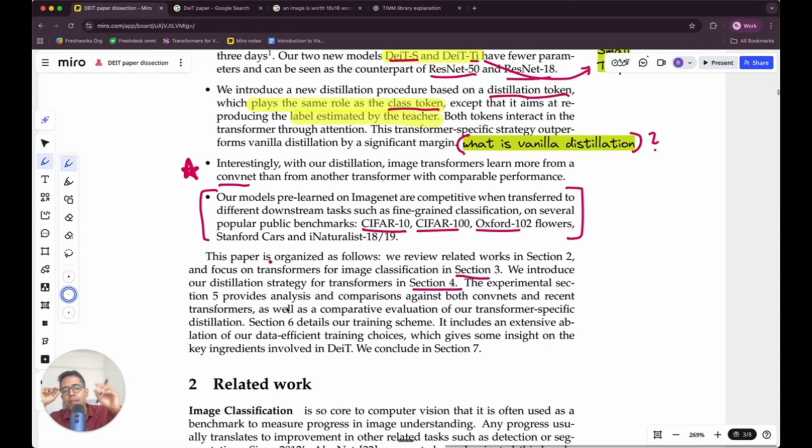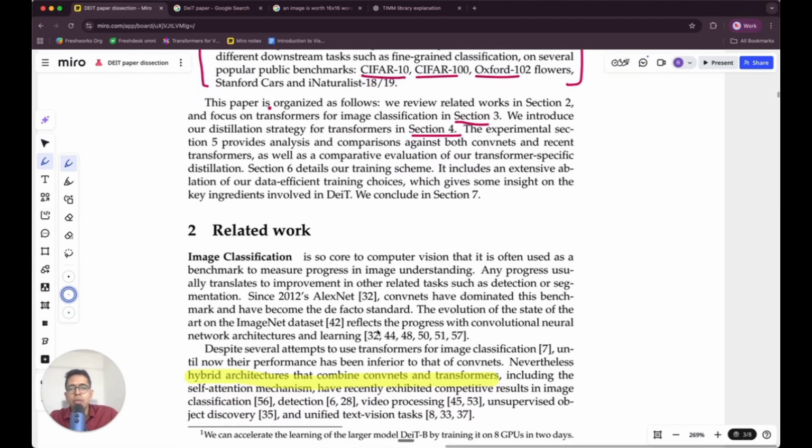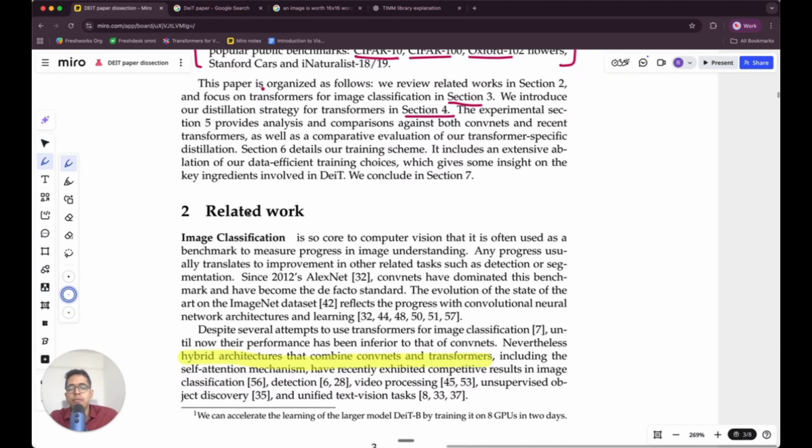Basically, they will compare how much of an advantage they are getting because of their distillation token based approach. It includes an extensive ablation of our data efficient training choices, which gives some insight on the key ingredients involved in DeiT. We conclude in section 7. Okay. We'll see the sections in detail anyway, so no need to spend too much time on this paragraph.